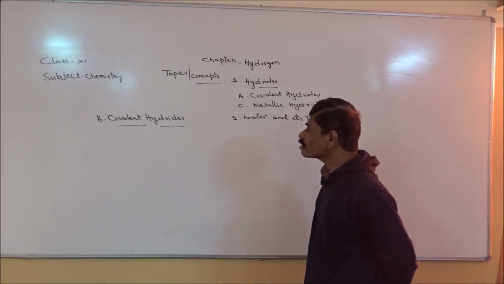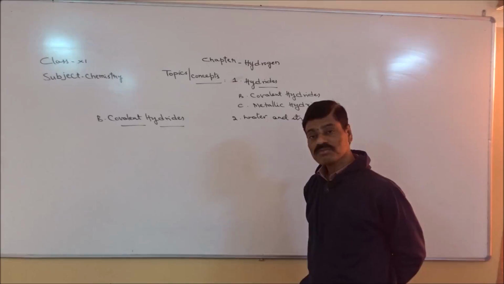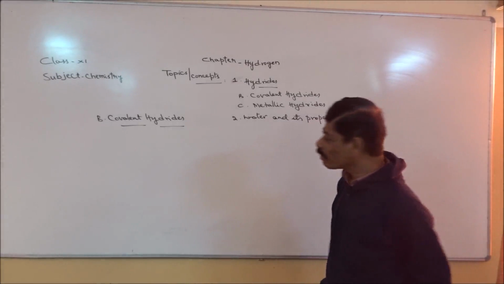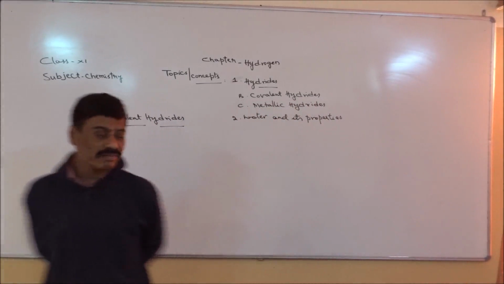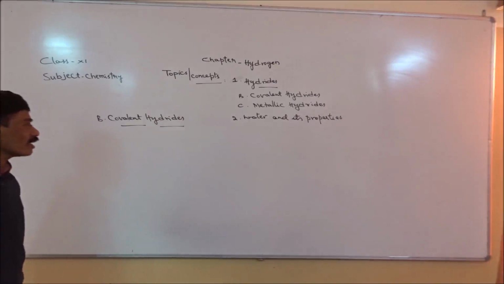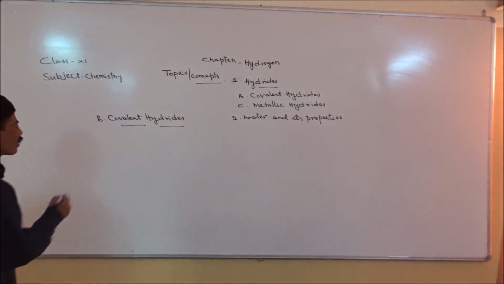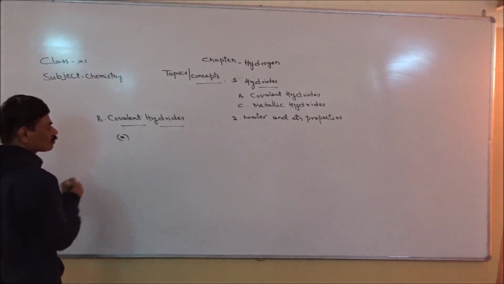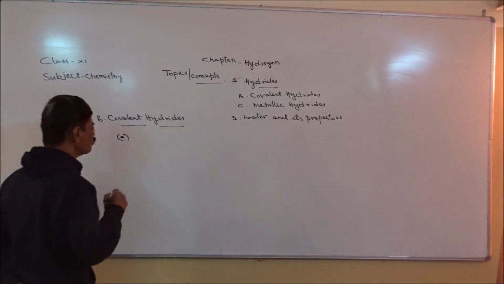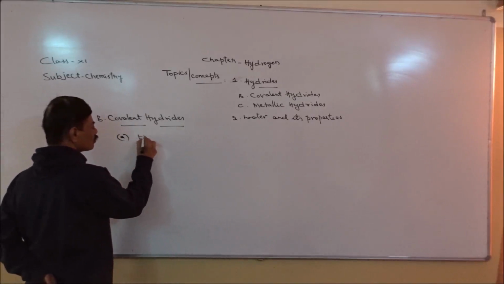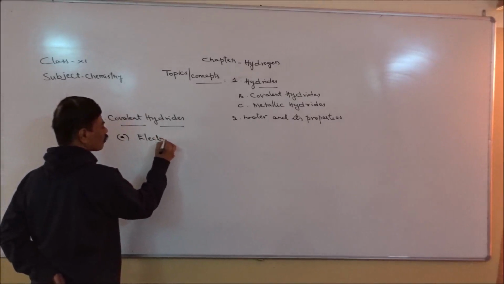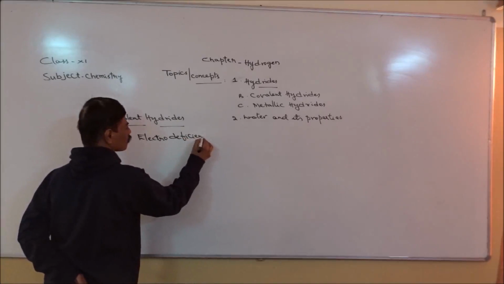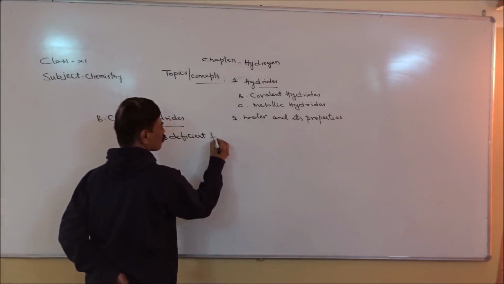Next, whether these covalent hydrides have more than the required number of electrons. So based on these, we have 3 varieties of covalent hydrides. What are those 3? Let us see. First one in this is electron deficient hydrides.